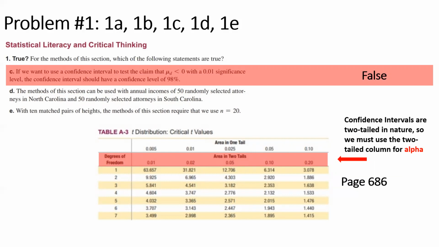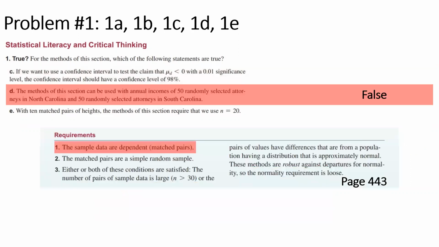So if anybody's watching this video and submitting assignment 9.3 to get credit for it, don't even bother with 1C, because it's either something that I don't quite understand or it's a typo in the text. I'm having a difficult time getting an answer, and everything I'm looking at says that the answer they give in the back of the book is wrong. So we're going to skip that and go to D and E.